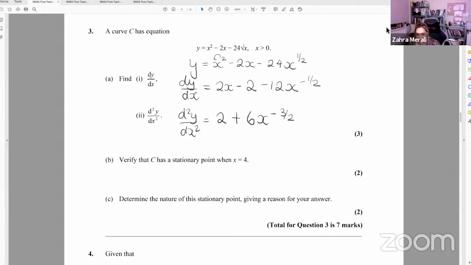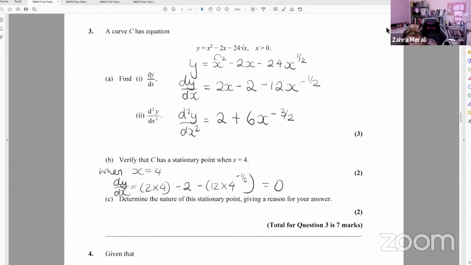Verify that C has a stationary point when x equals 4, exactly like we did before. So when x equals 4, dy dx equals 2 times 4 minus 2 minus 12 times 4 to the minus a half equals 0. And then it says determine the nature.